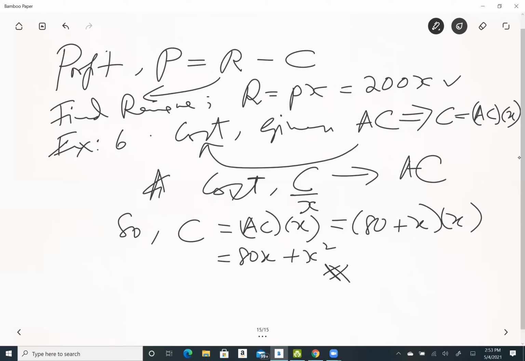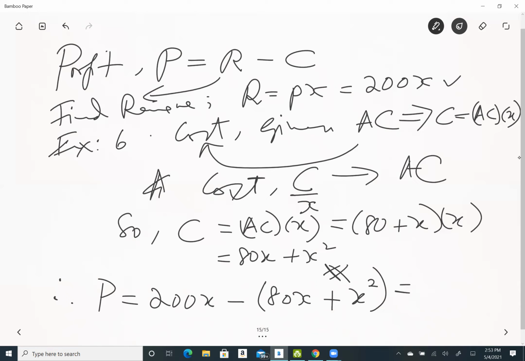I already have the revenue, so the profit is equal to 200X take away the cost. Make sure you bracket the whole terms of the cost. If you miss the bracket, we may make a mistake. So plus X squared. Now you can simplify. That will be equal to 120X minus X squared.